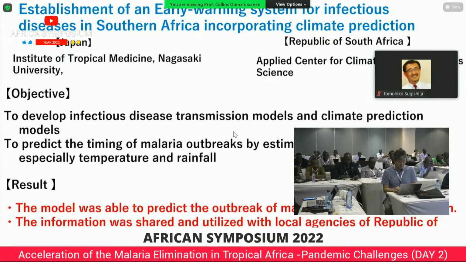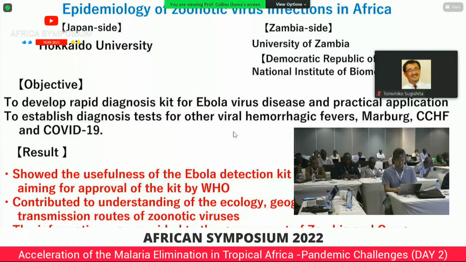This is a joint study of Hokkaido University, Zambia, and the Democratic Republic of Congo, an epidemiological analysis of zoonotic virus infections, in particular virus infections that cause hemorrhagic fevers such as Ebola and Crimean-Congo hemorrhagic fever. By detecting virus DNA and antibodies, the actual state of infection in wild animals, domestic animals, and humans was clarified.